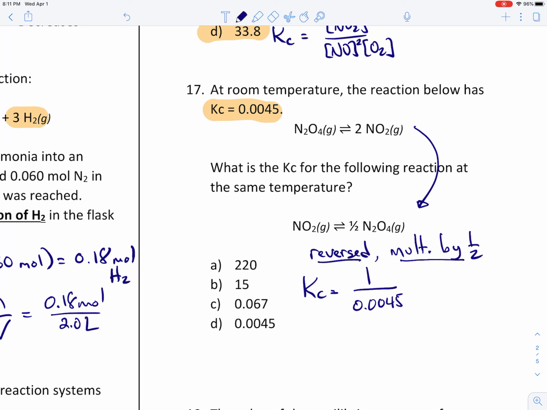So in this case, we multiplied by 1/2, so we have to also raise the Kc to the power of 1/2. Now, raising something to the power of 1/2 is the same as taking the square root. So either one of these would be acceptable. So grab your calculator and evaluate those, and you'll find out the answer is 15. So choice B.